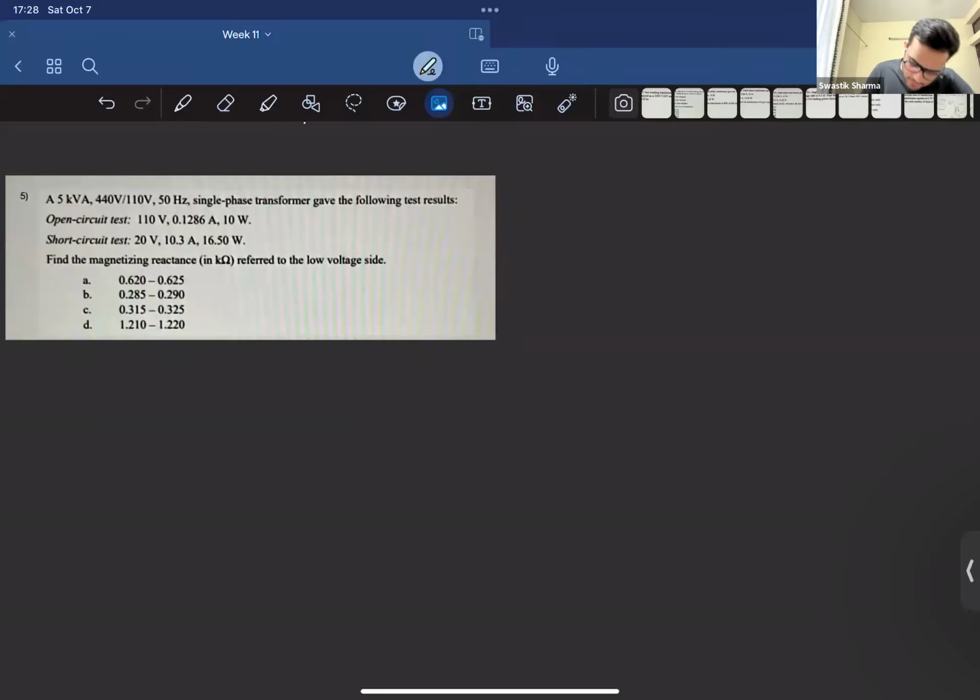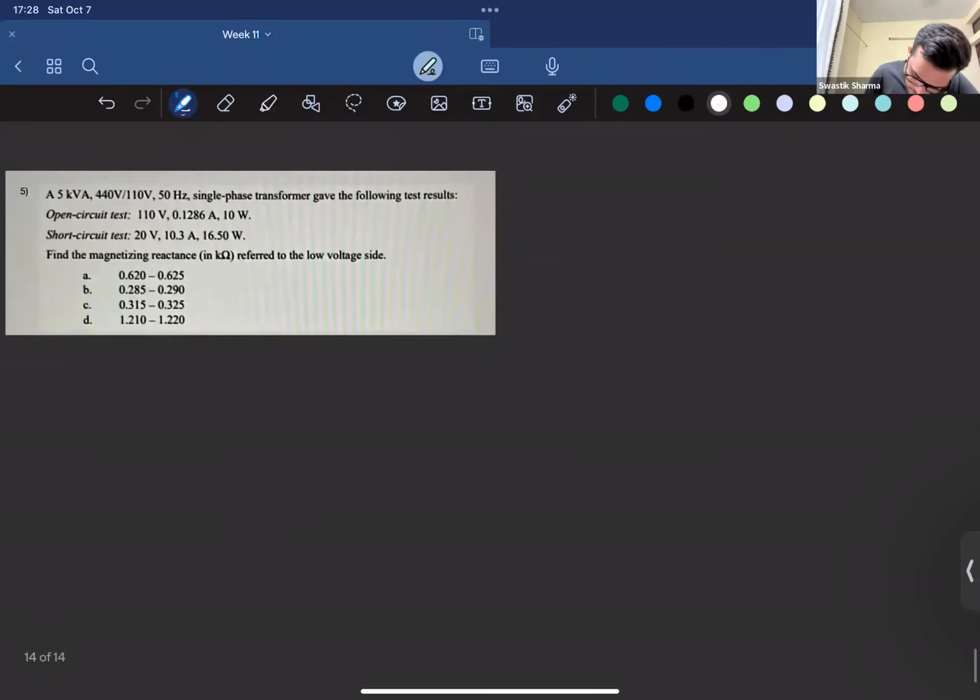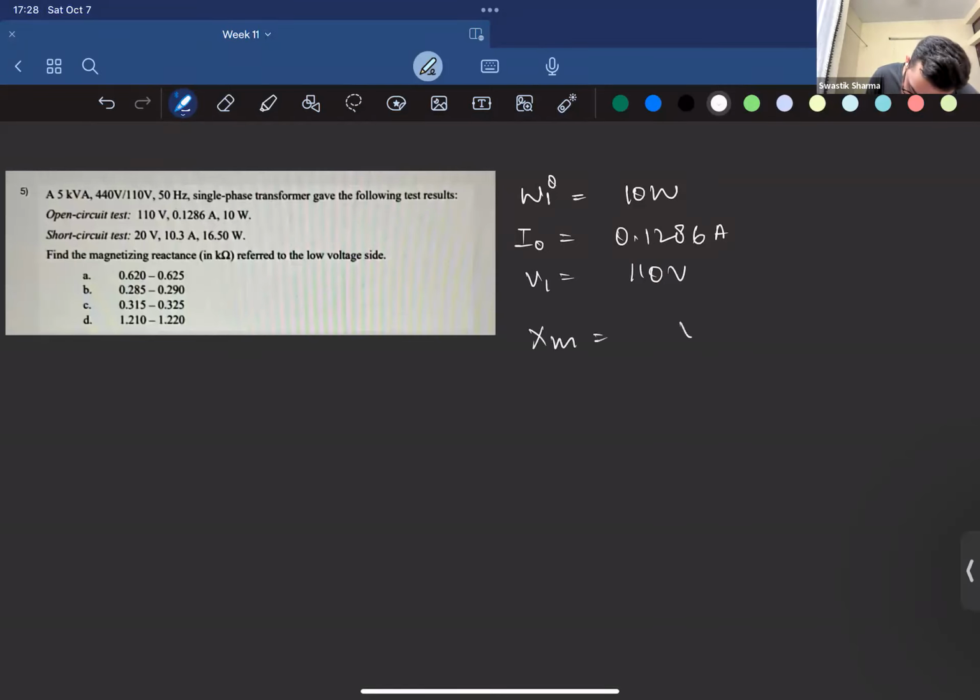So we know Wi is given, which is 10 watt. I naught is given, which is 0.1286. V1 is given as 110 volt, right? So XM is V1 upon IM, which is I naught sin phi, right?